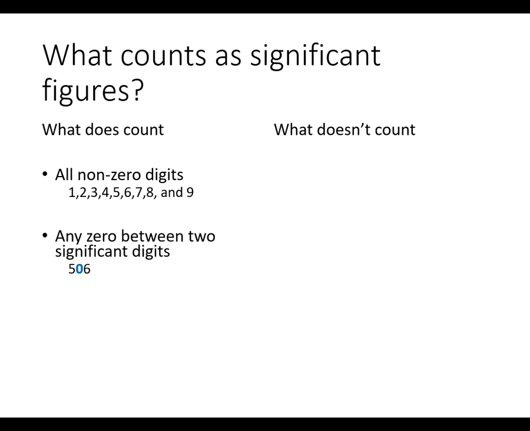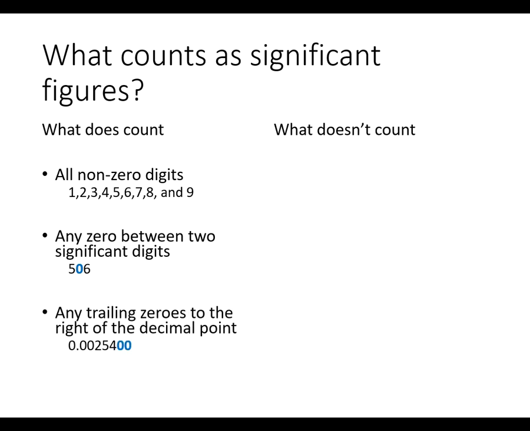For example, here is 506. The 0 in the middle is important because it tells us there are 0 tens in my number. 5 hundreds, 6 ones, but 0 tens. And that is accurate, so it is a significant digit. Any trailing zeros to the right of a decimal point is also significant. For example, here I have 0.002540.